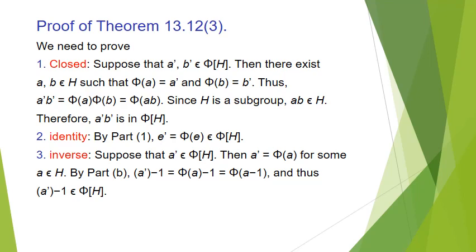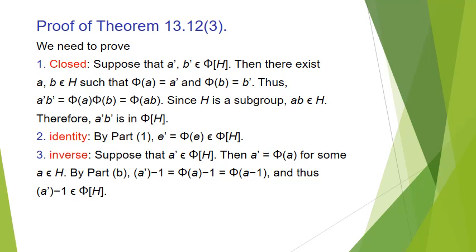Second, by part 1, let us prove that it has an identity. e prime is equal to P(e), where e is an element of H, so e prime is in P(H). So it is proved by part 1 that this set has the identity.